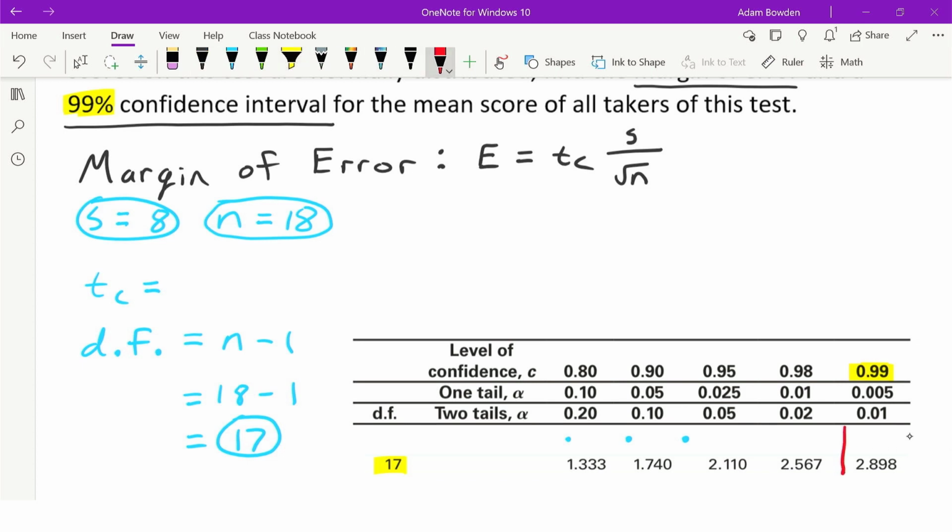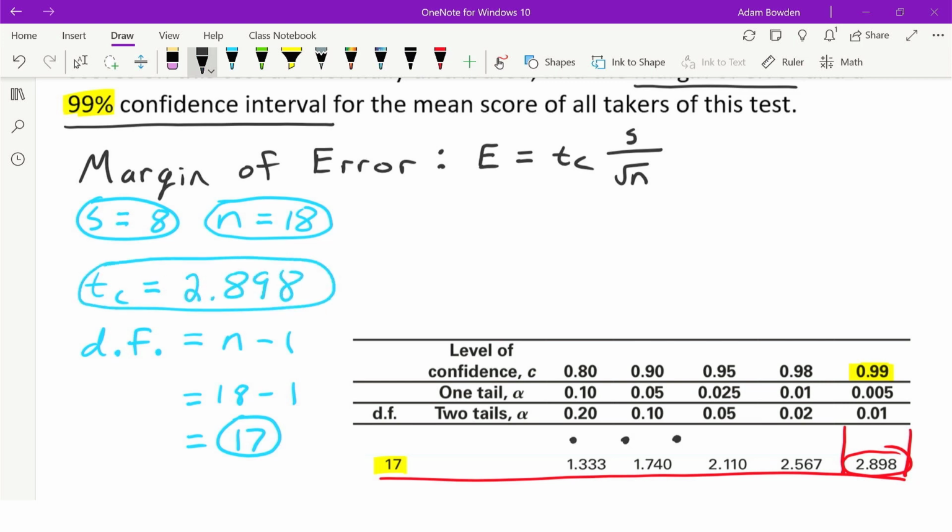So there's going to be where we'll find our value for the critical value for t sub c, 2.898. So when we plug this in the formula, it'll look like 2.898 times 8 divided by the square root of 18. That gives us a margin of error of approximately 5.5.